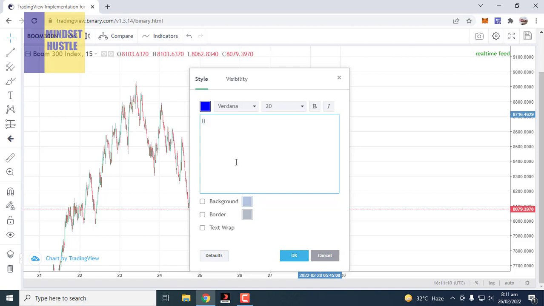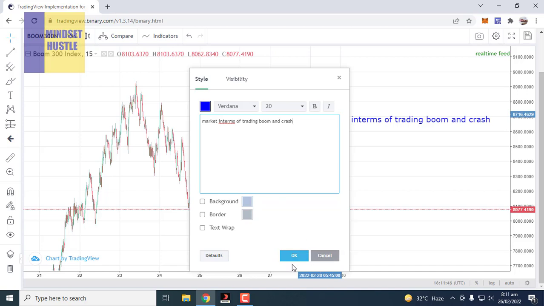All right, so as I said, today we are going to look at part 1, which is very important, you need to understand. In part 1 we are going to look at market structure in terms of trading boom and crash.